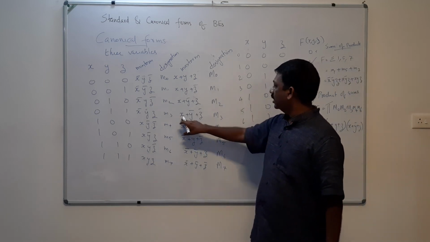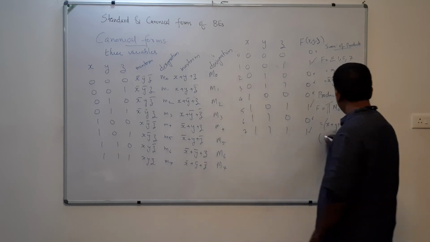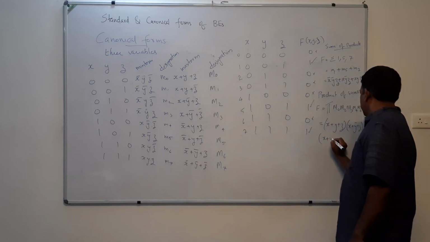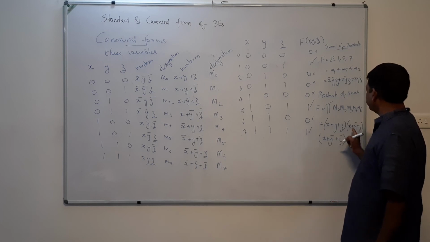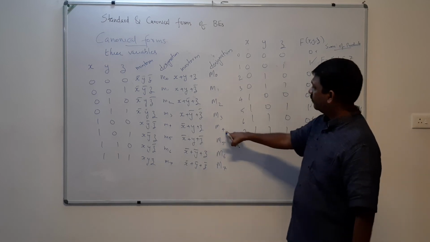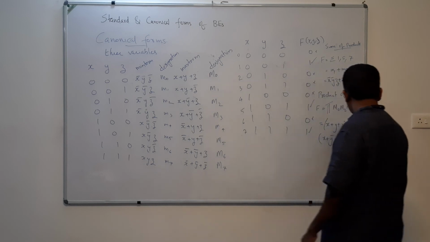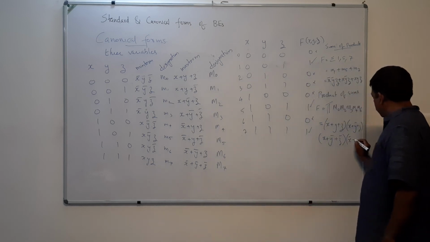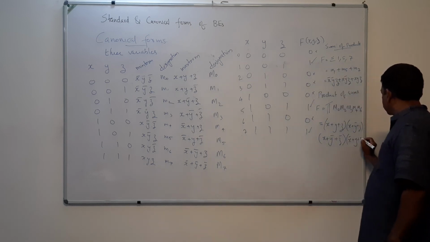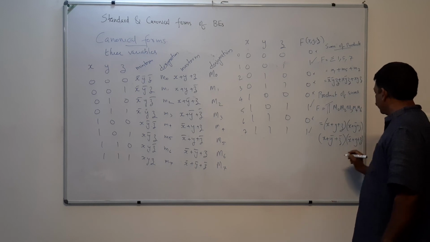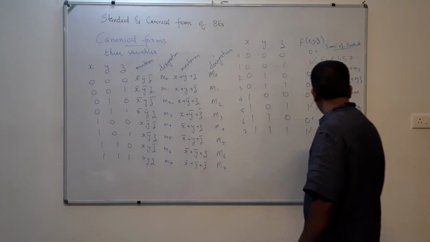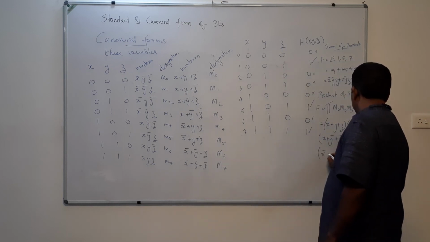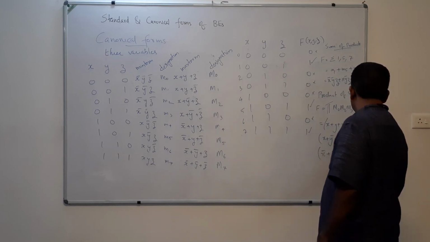M3 is x plus y bar plus z bar, into. What is M4? M4 is x bar plus y plus z, into. Last one is M6. M6 is x bar plus y bar plus z.